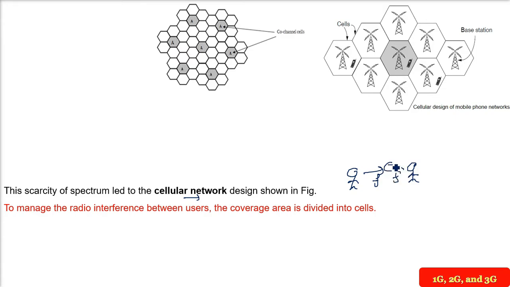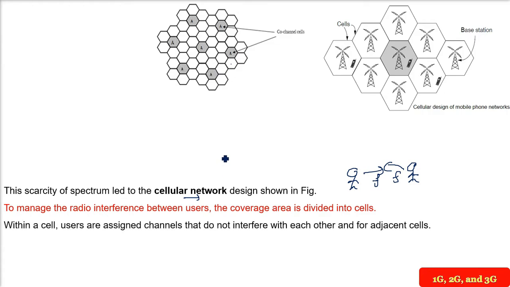So the coverage area of that base station was divided into certain cells. If the division is such that there is a proper arrangement, then the two people talking may not interfere, or they may reuse the frequency.